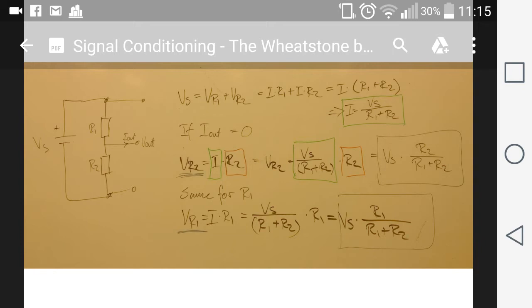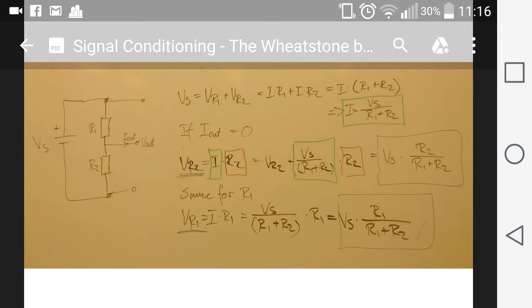But if we say that there is no current flowing through the output, then the voltage over resistor R2 is equal to the total current times R2, which, if we rewrite it with respect to the total current, gives that the voltage drop over R2 is equal to the source voltage divided by the sum of the resistors times R2.